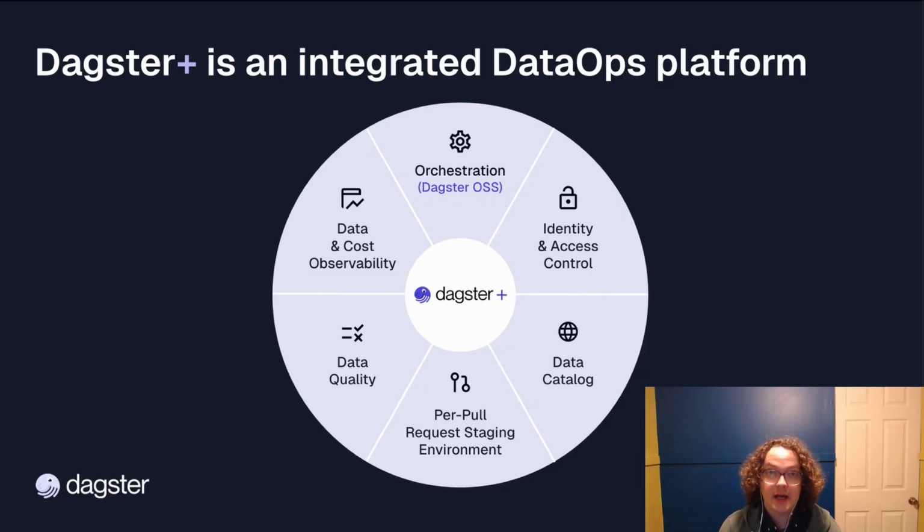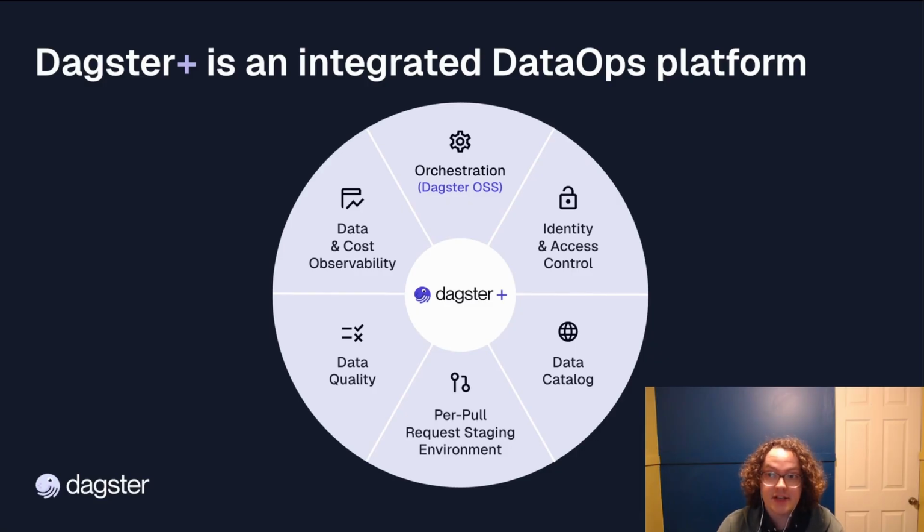Before I get into a live demo of the product and why I think it's so fantastic, I wanted to take a minute and just describe what is Dagster and how does it fit into the larger platform of Dagster Plus. So Dagster, as you might know, is a Python data orchestrator that is a fantastic data orchestrator.